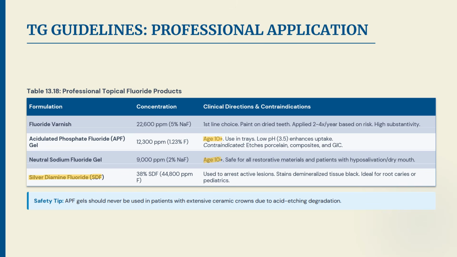Apologies about my earlier statement. I was referring to most commonly used ones. Fluoride varnish is the highest concentration, but as I mentioned earlier, the silver diamine fluoride, it's only used to arrest active lesions. So just be mindful of those points, right?